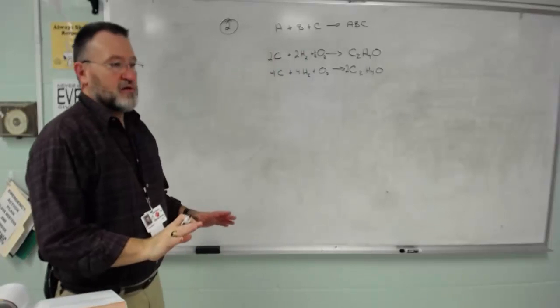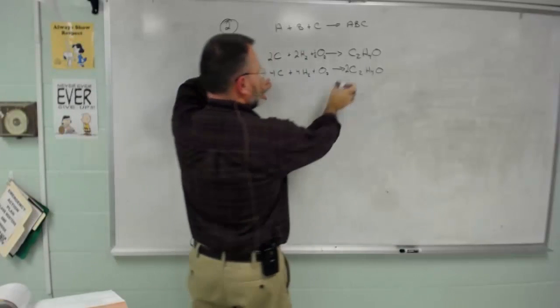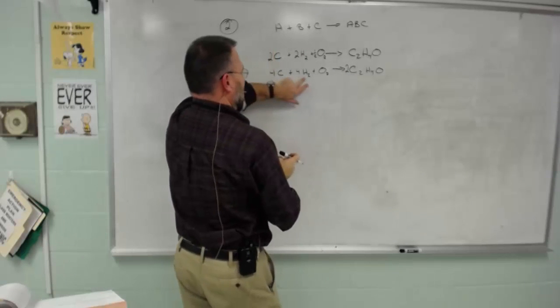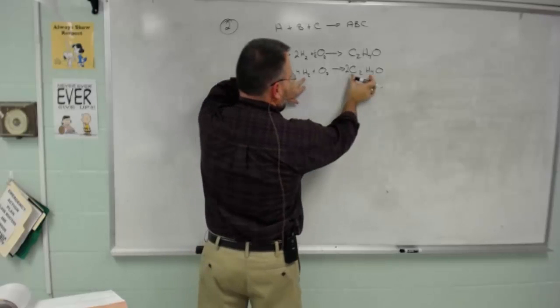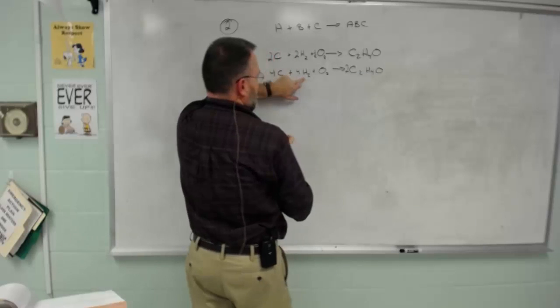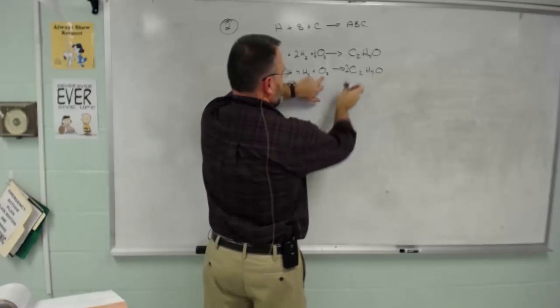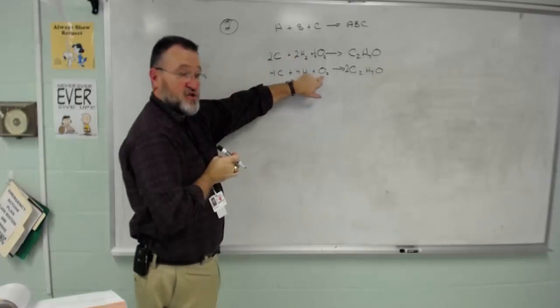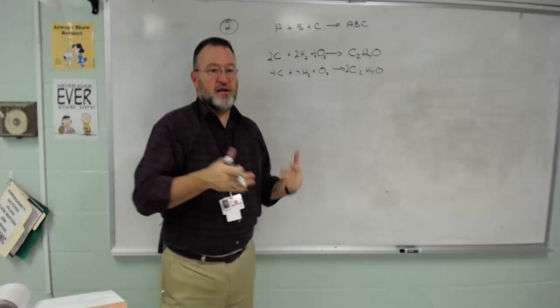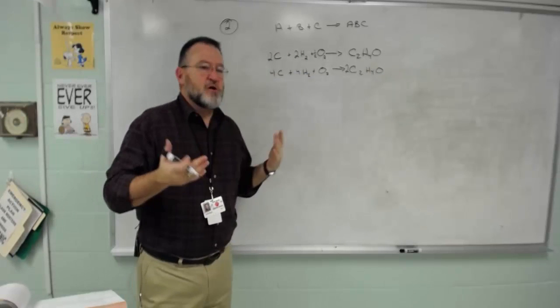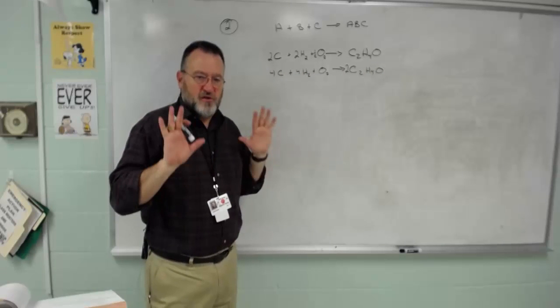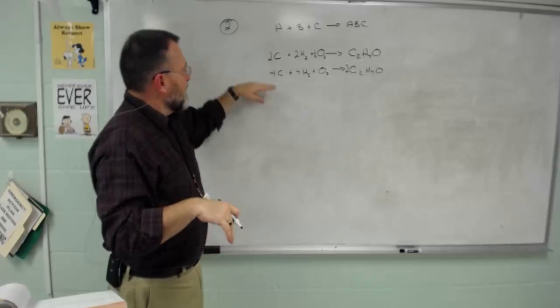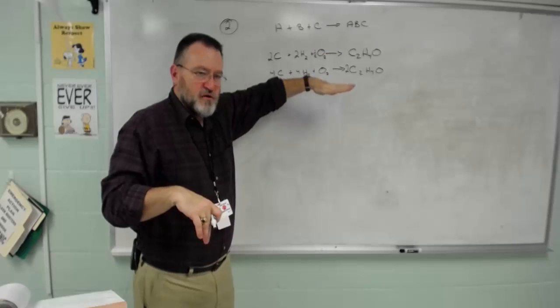Check it real quick. 4 carbons, 4 carbons. 8 hydrogens, 2 sets of 4 hydrogens is 8 hydrogens. 2 oxygens, 2 sets of 1 oxygen is 2 oxygens. My counts match. Now, because we had to multiply up, it shouldn't be an issue, but we can always give a real quick check and ask, are there any common factors here that we can reduce the coefficients by again?